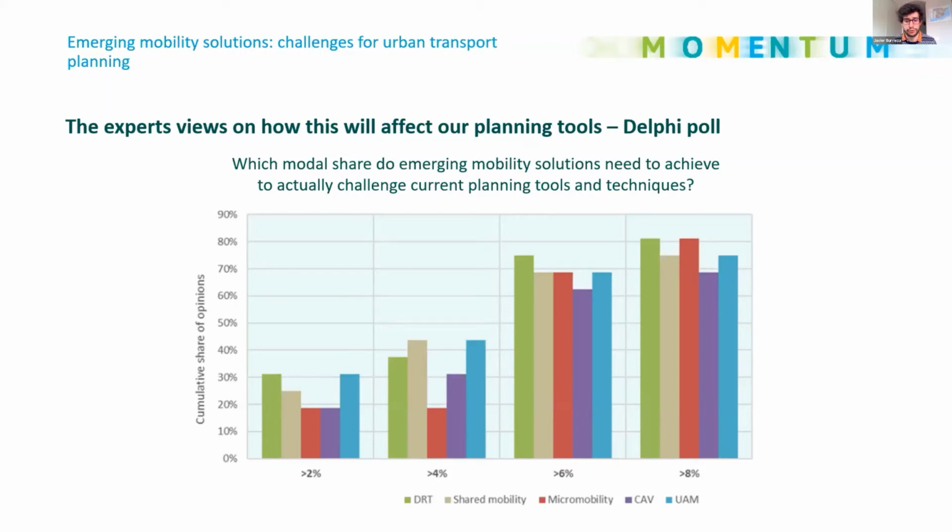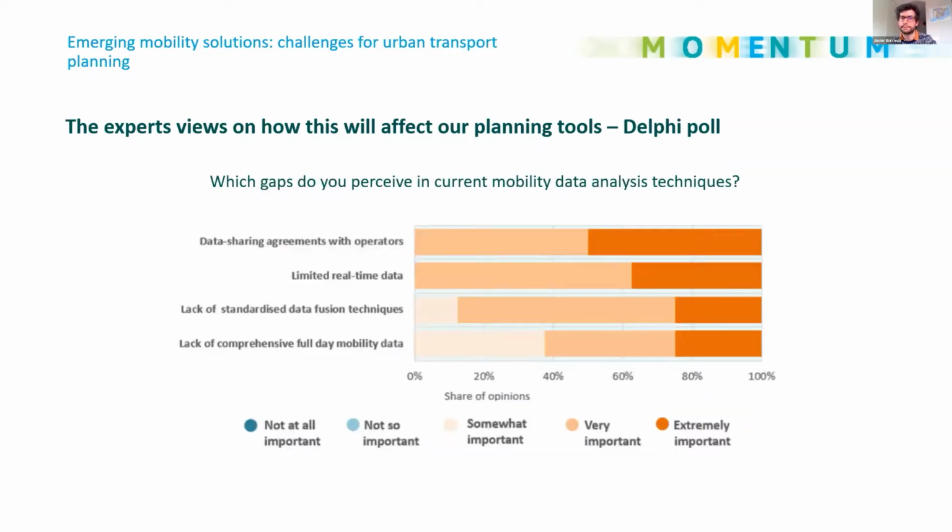One interesting result was this one that you can see in the slide: in a scenario where new urban mobility solutions achieve a modal share above 5%, it is likely that our transport models, for instance, will have to be modified or improved in order to address these transport options.